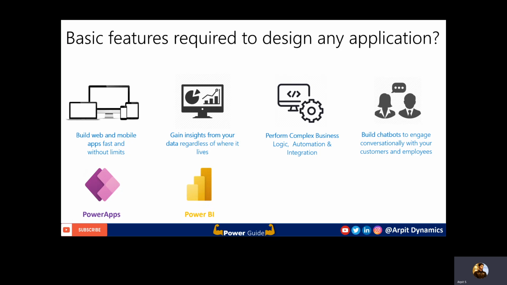The second is the Power BI component, which is used to design analytics, reportings, and dashboards. The third component is Power Automate, which is used to perform complex business logic, automations, and integrations. And the last is Power Virtual Agent. Power Virtual Agent is used to build a chatbot.